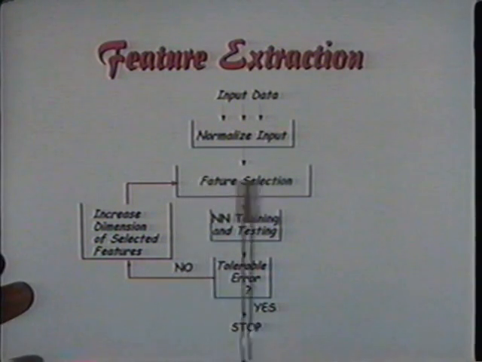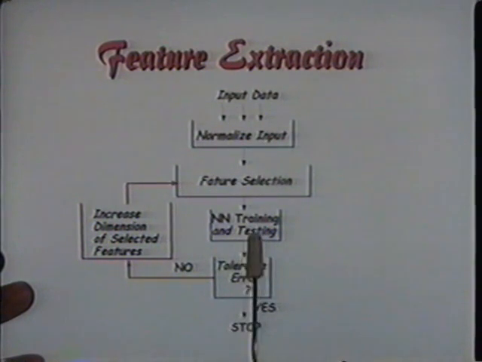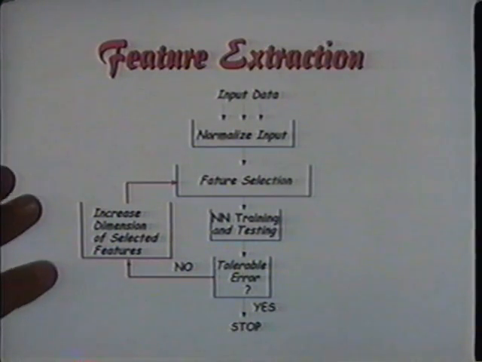Once you achieve that, you would like to train the neural network with the features, not with the data, but with the features. Then if the result is acceptable, you are successful. If not acceptable, you go back again and modify your features, either increase or reduce them, until you get the right features for your application.